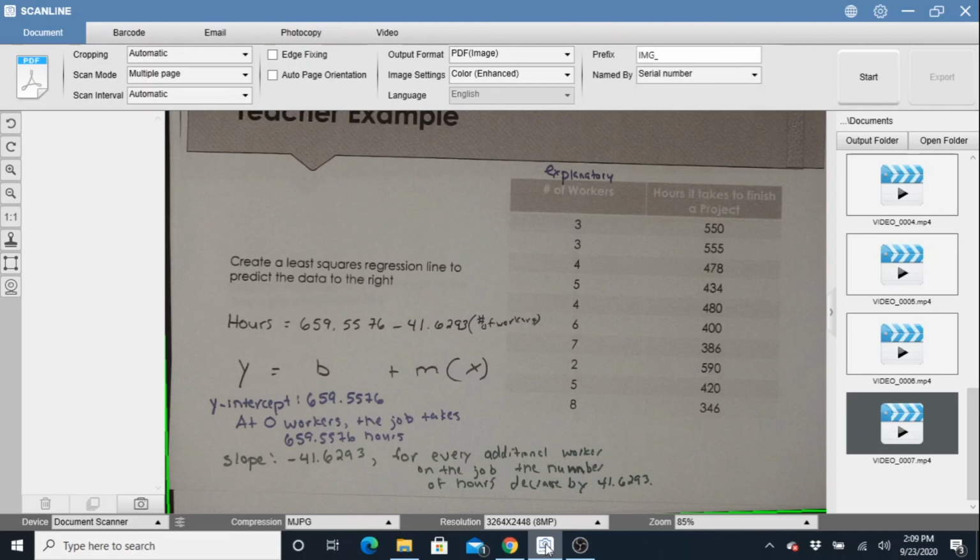Okay, so that takes care of that. Let's go about describing the rest of our friends here. So we want to describe this one. So once again, there is my line.